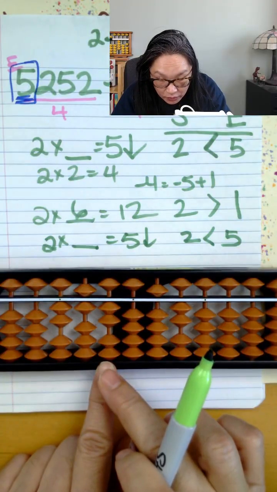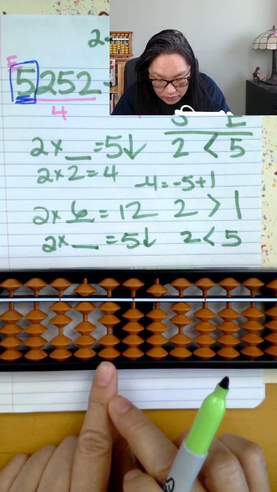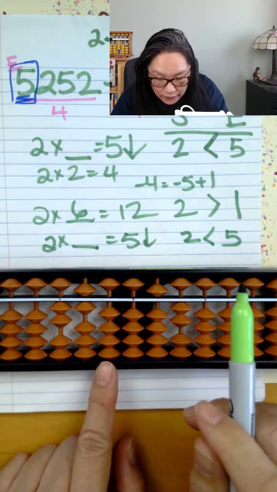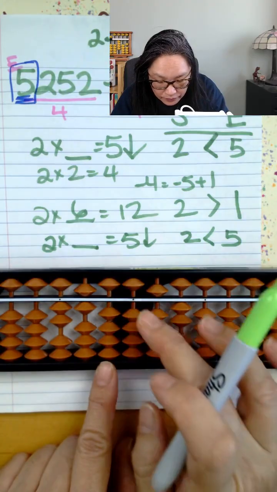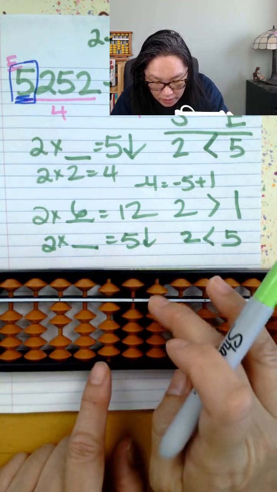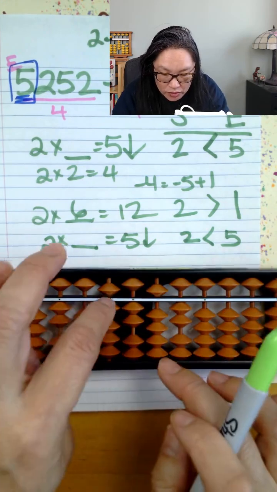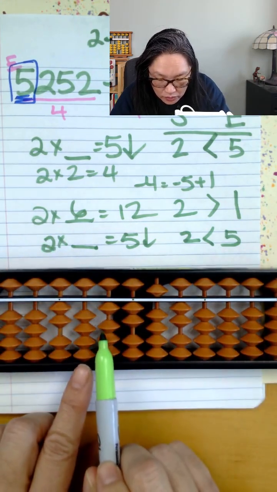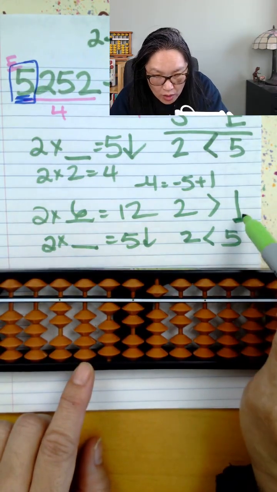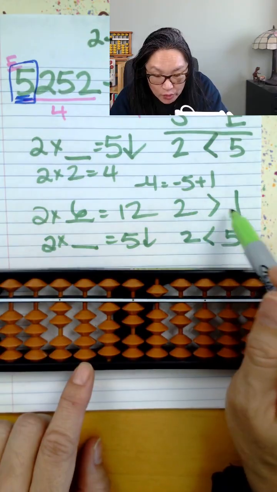Why is it 12? Oh, because 6 times 2 is 12. So I had my 4, I had my 1, I had my 2. It's 12 because I know that my divisor is bigger.